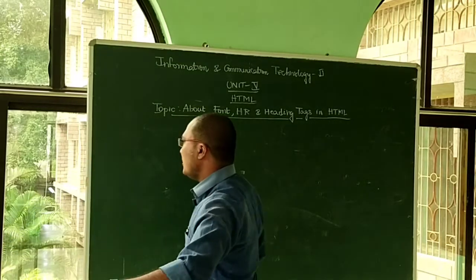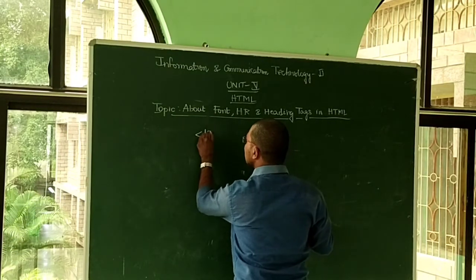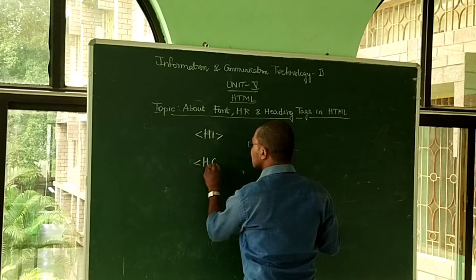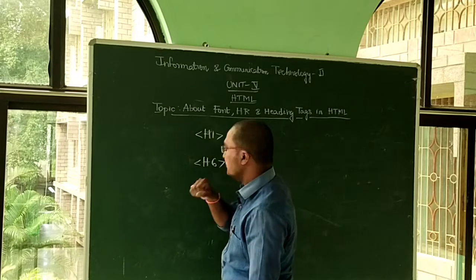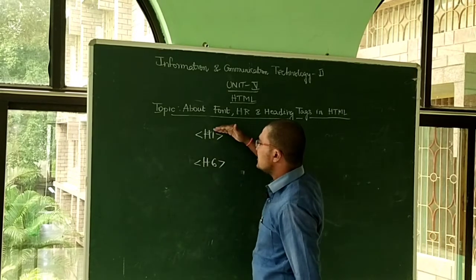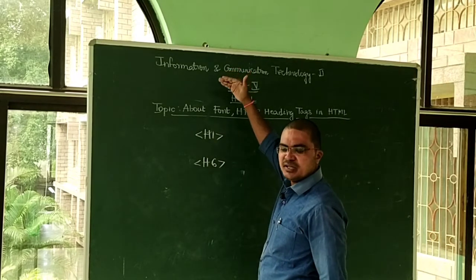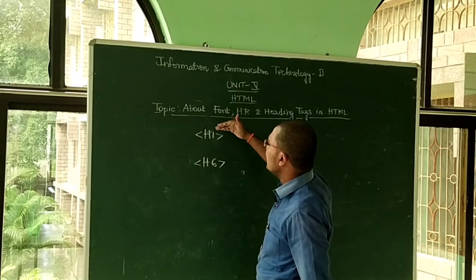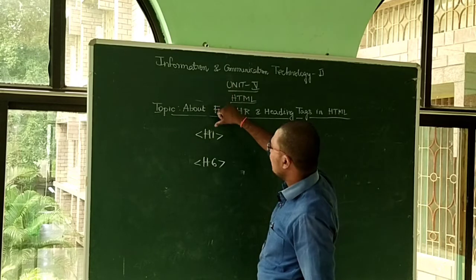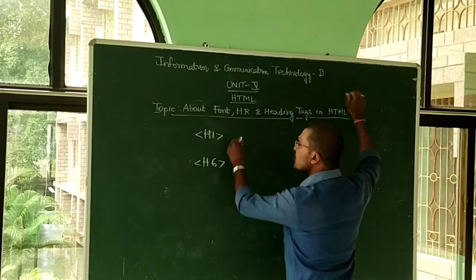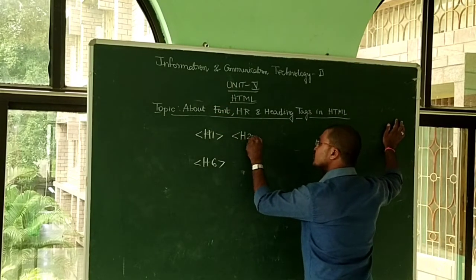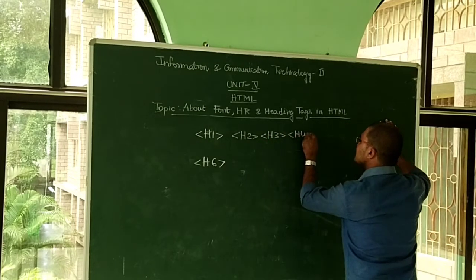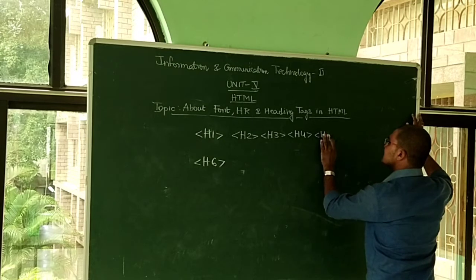The maximum level of heading is H1, heading 1, and the minimum heading level is H6. It means H1 is the highest level of heading. So if you want the heading to be very big in size, we use H1, okay. H1, H2, H3, H4, H5 and H6.